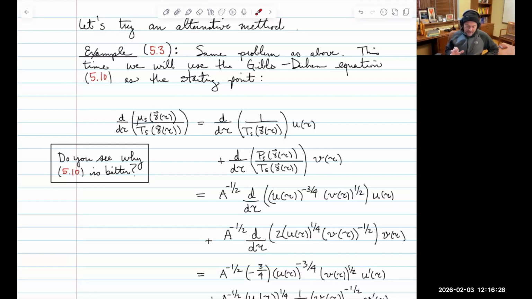Now, we're going to use the Gibbs-Duhem equation here to recover the chemical potential first. And then once we recover the chemical potential, what do we have at hand? Well, when we recover the chemical potential, that means we have the temperature, pressure, and chemical potential. And now if we go back to the Euler equation, either the Euler equation molar form or regular form, we can rebuild the whole of the entropy or the internal energy function using the Euler equation.